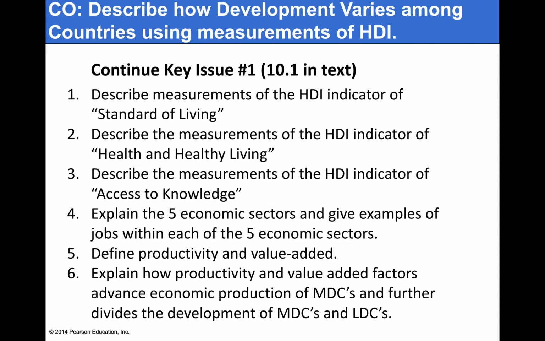And 6, explain how productivity and value added factors advance economic production of MDCs and further divide the development of MDCs and LDCs. In other words, it creates a larger gap of development between MDCs and LDCs.